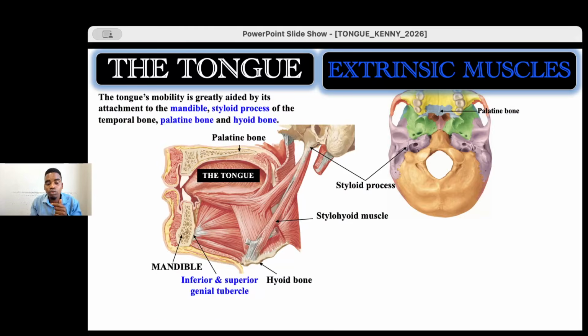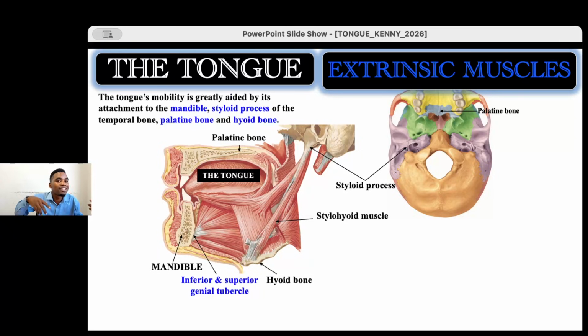But we have muscles which are coming from bones to insert into the tongue. These muscles we call extrinsic muscles. And the function of these muscles, because they're coming from bones to insert into the tongue, their action is to move the tongue into different directions. And this movement is very important because speaking is made possible by movement of the tongue, but also mixing foods within the oral cavity is made possible.